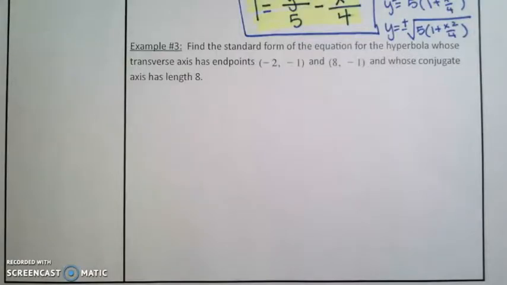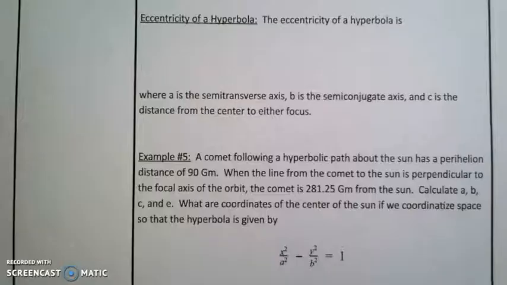Examples 3 and 4 follow the same equations and the same steps that we've been using for the other conic sections, so go ahead and try those on your own. After example 4, now we'll look at eccentricity of a hyperbola. Remember, we looked at eccentricity of an ellipse, and it's talking about how skewed it is, how much different it is from a circle. So again, we're looking at how stretched the hyperbola looks.